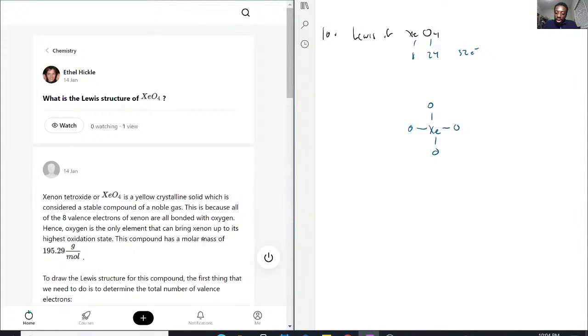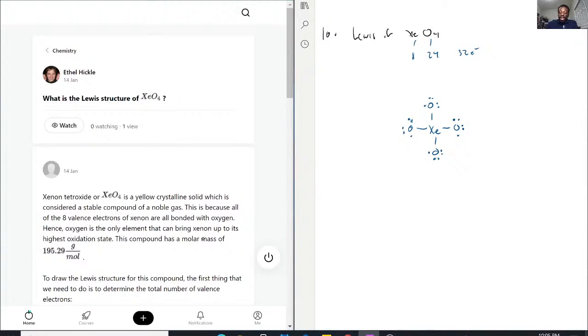So for the oxygen, let's just go ahead: 1, 2, 3, 4, 5, and so on for each. Okay, so we have a lot of unpaired electrons here.